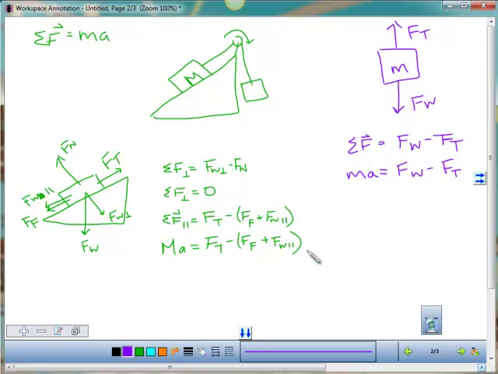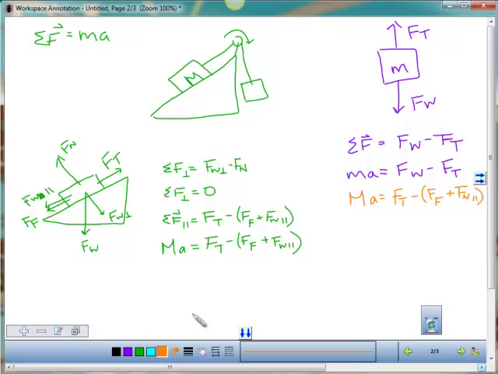So just like in the last problem, you're going to combine these two to find your acceleration. So I'm going to have my mass times acceleration is equal to my force of tension minus my frictional force plus force of weight in the parallel.